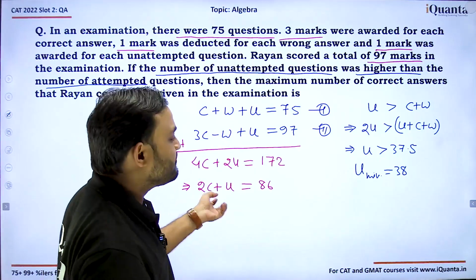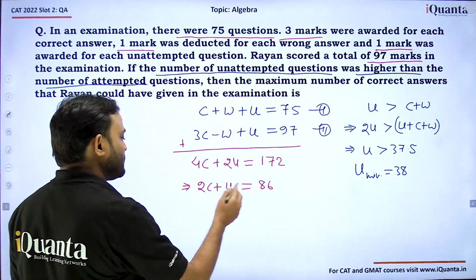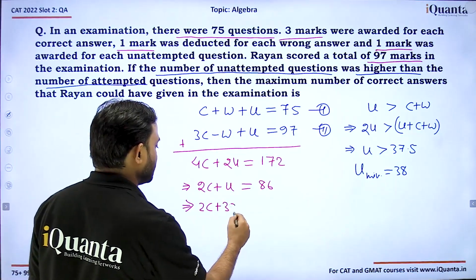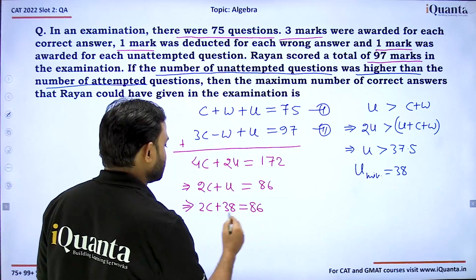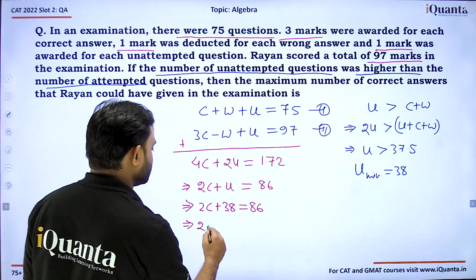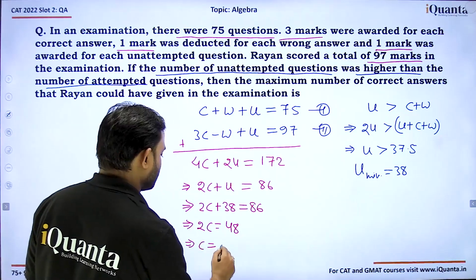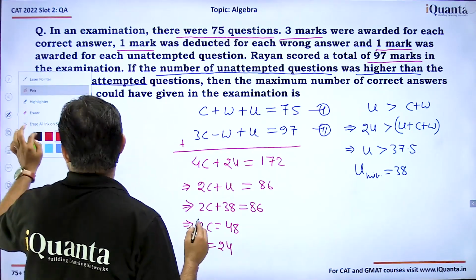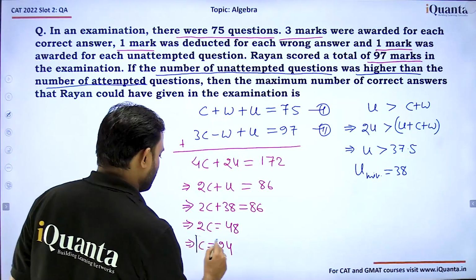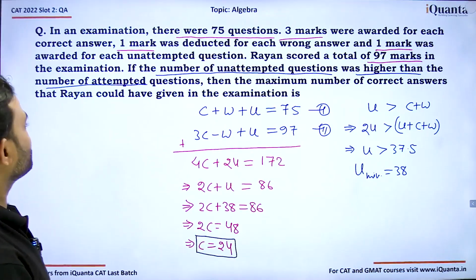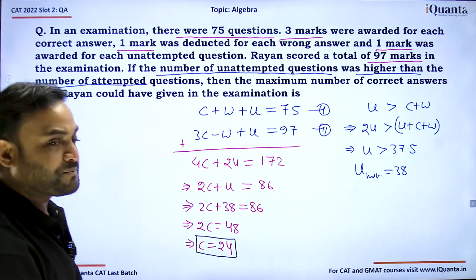Can we take the minimum value of U for that? So, what is the minimum value of U? It will be 38. So, 2C plus 38 is equal to 86, or 2C is equal to 48, or C is equal to 24. So here we get C is equal to 24, which is the maximum number of correct attempted questions, right?